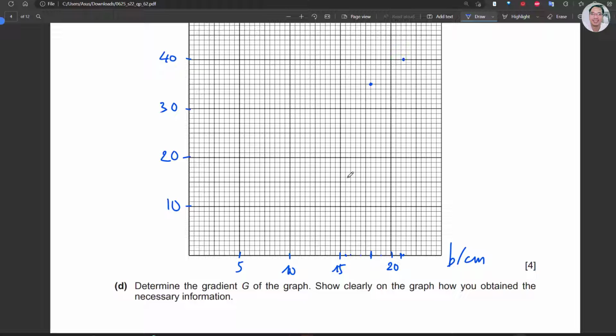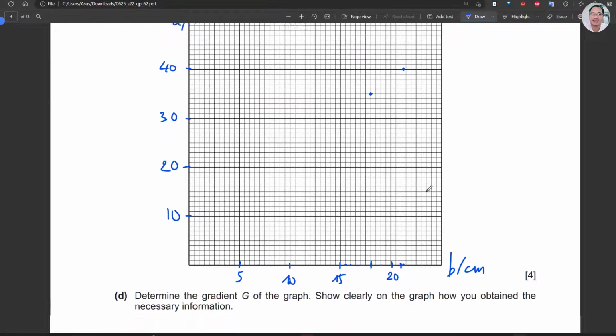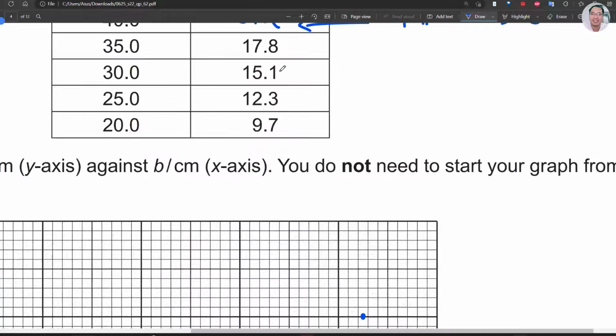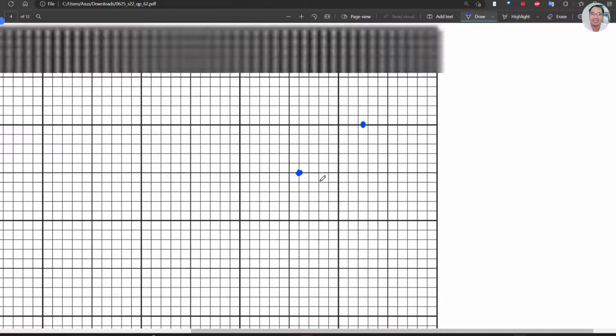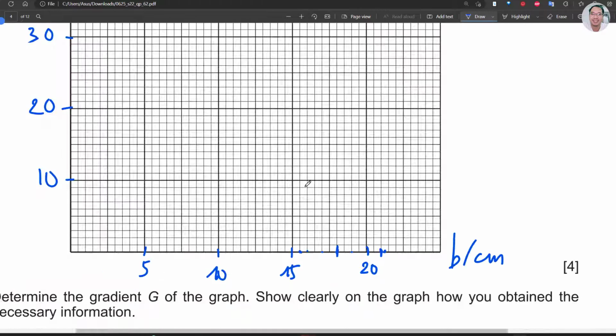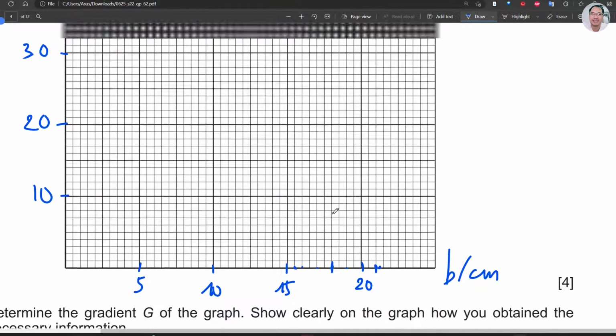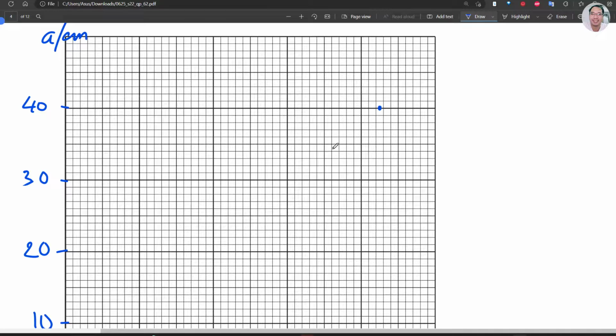Okay, because the values are like 0.1, 0.2, the dot must be as tiny as possible. The most is half of the square. Oh, I lost one mark. 18, 35, 18 here, up here, 35 here.